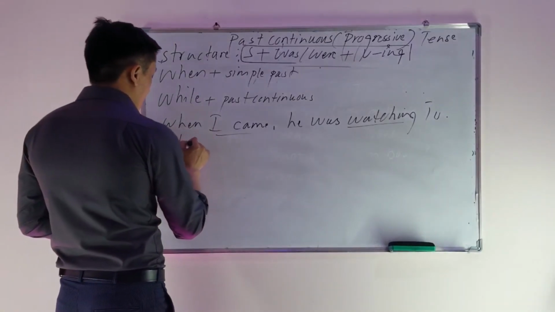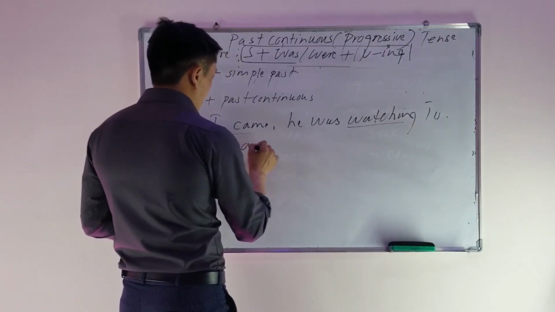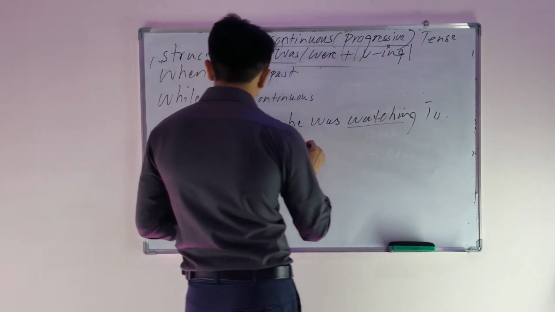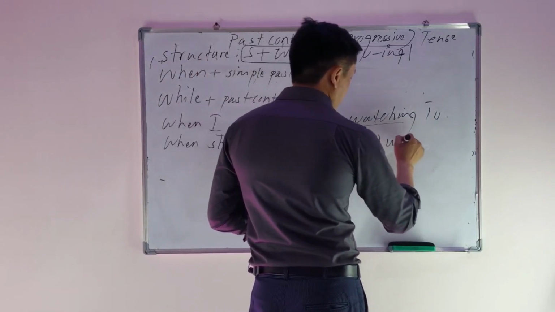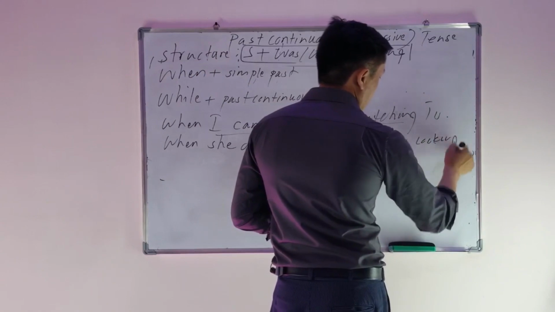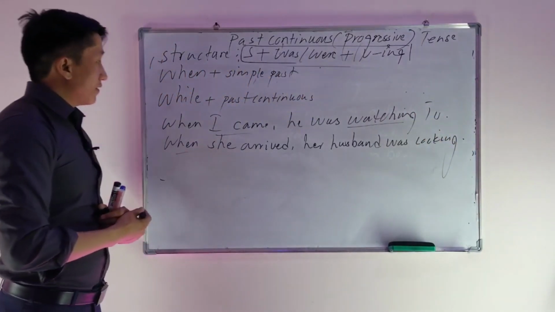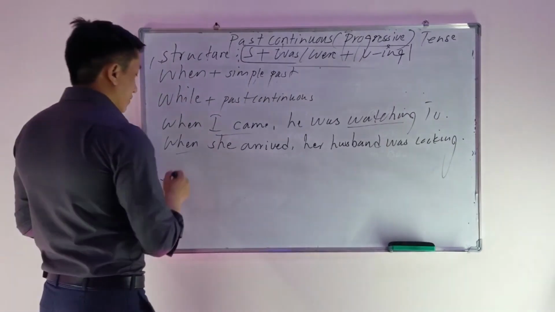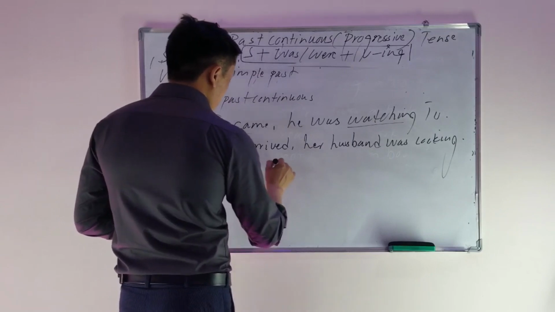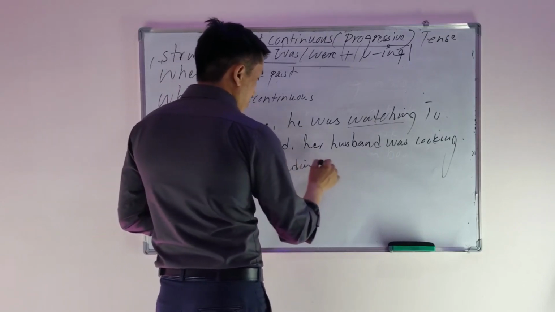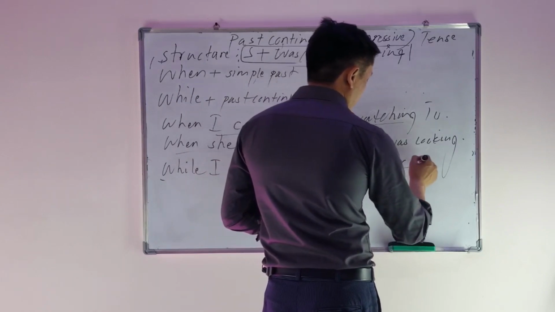Or the next one, when she arrived, her husband was cooking. Here when is used with simple past. But while can be used with past continuous tense. For example, while I was reading, she was cooking.